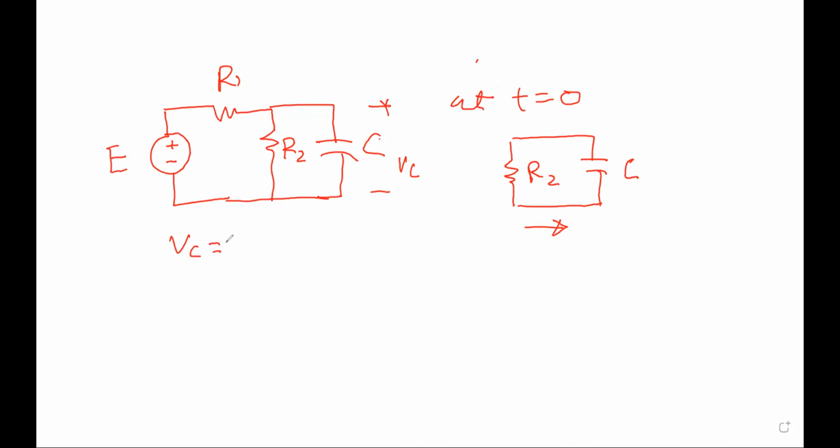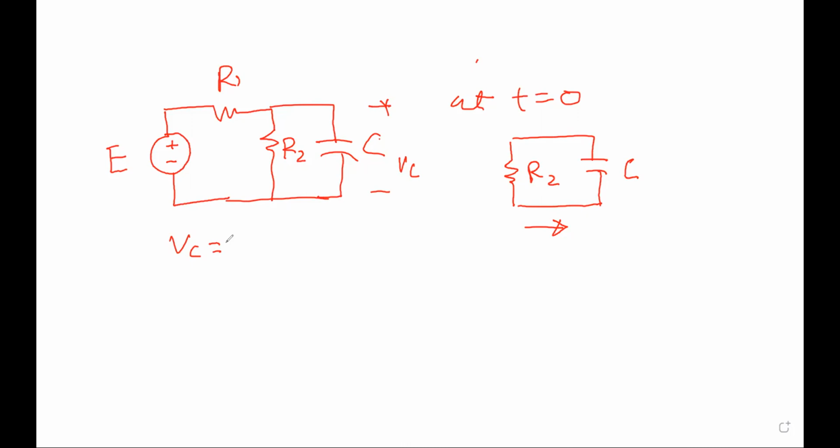If a DC source was connected to the circuit for a long time, then what is the voltage appearing across the capacitor?